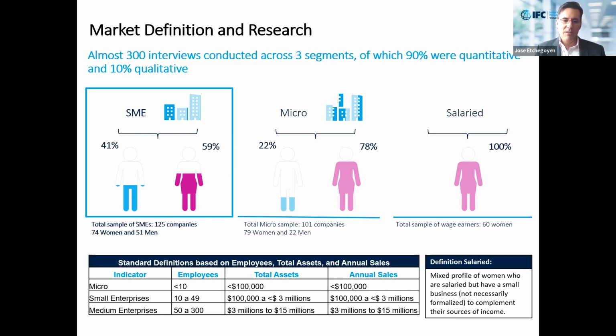And if they are between 3 million and 15 million of sales or total assets, they are a medium enterprise. This again changes and varies market to market, but this is the standard that we at IFC and the World Bank use to categorize and label companies.